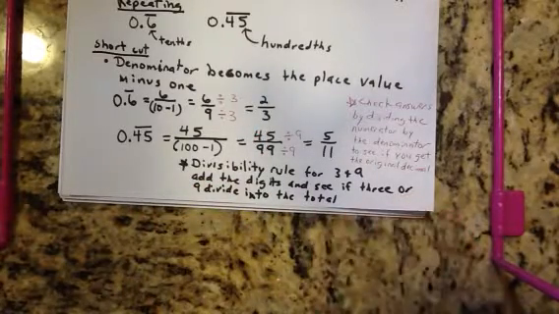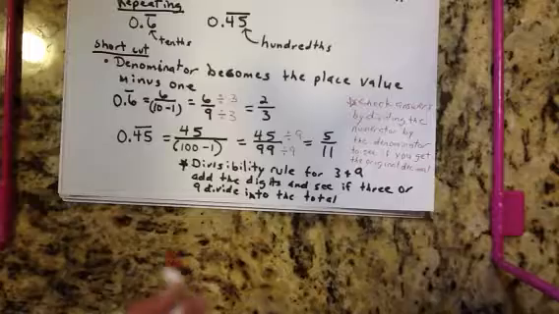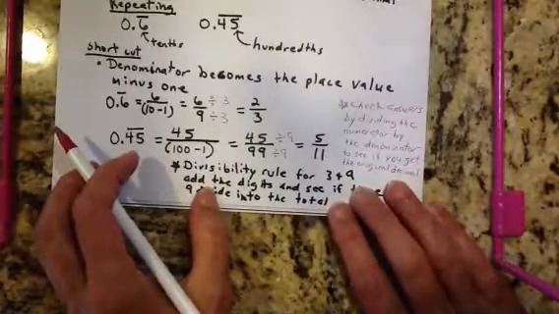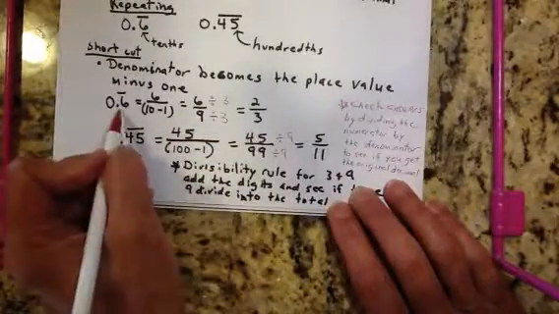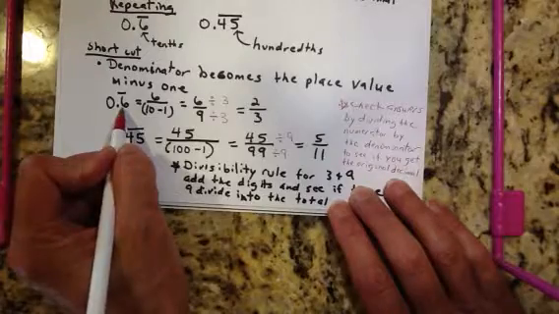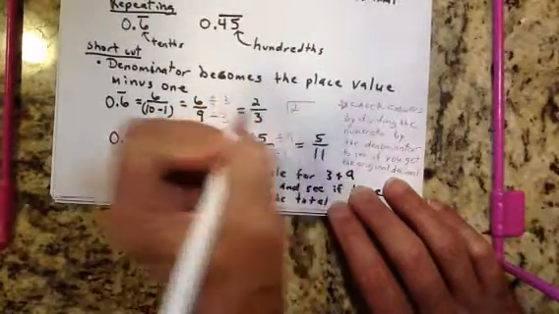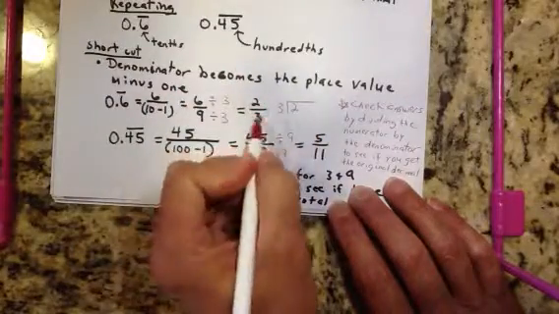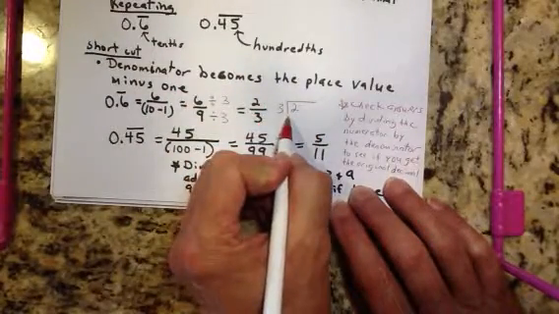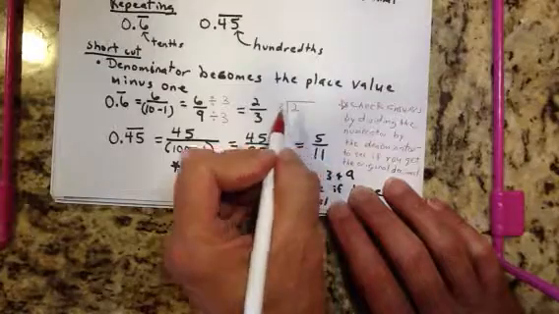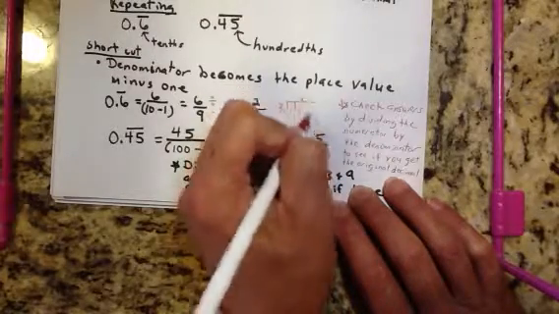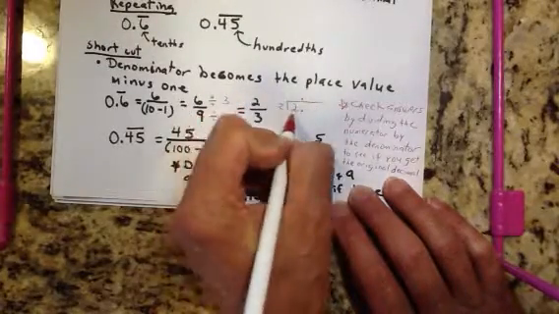And one thing you can do is check your answer to make sure you end up with the original value, and the way you check your answer is take your answer, turn it back into a division problem, 2 divided by 3, get your decimal in there. Can 3 go into 2?